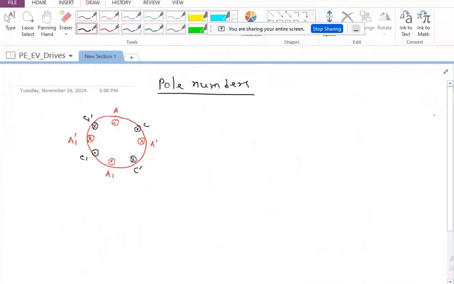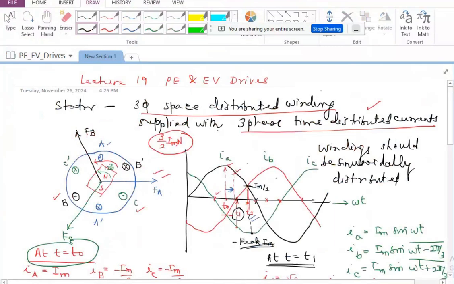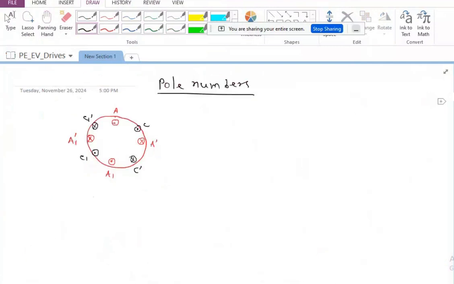And if you look at the two-pole winding, what we had shown earlier, B was shifted from here by 120 degrees. So I should show B, which is actually sitting from here. So C1 dash I should have shown here. So let me show this somewhat like this.